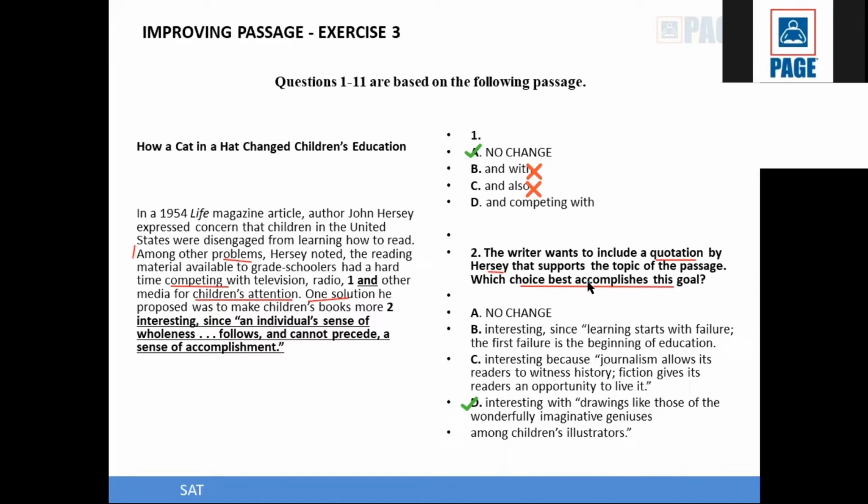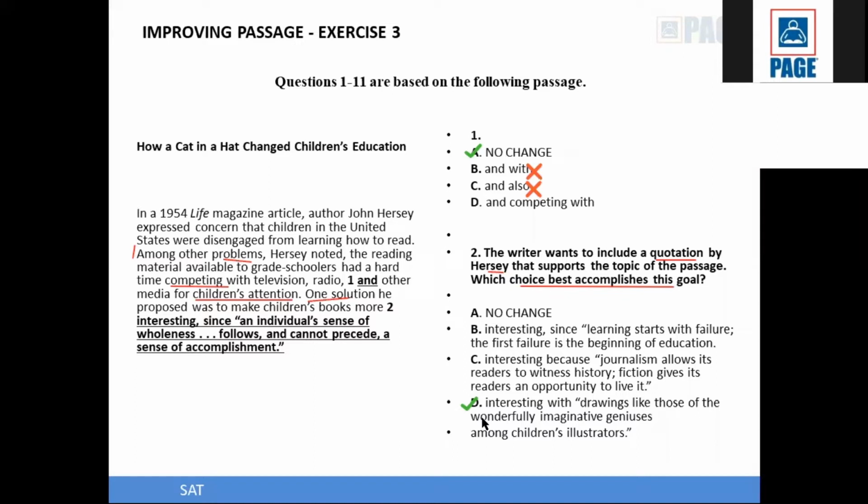So this can be a better statement after "interestingly." If you add this, it supports the idea that this kind of literature can attract children's attention. So the answer should be D.